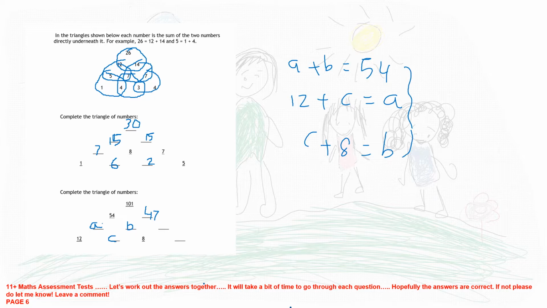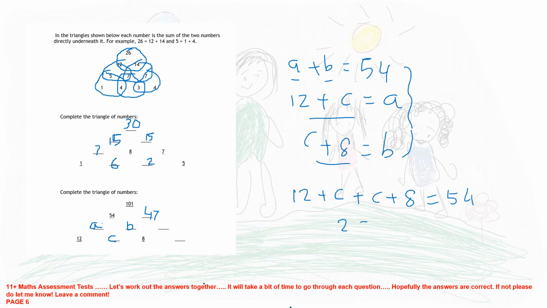So instead of A and B, I can put in the 12 plus C and C plus 8. So instead of writing A, I write 12 plus C plus C plus 8 instead of B equals 54.